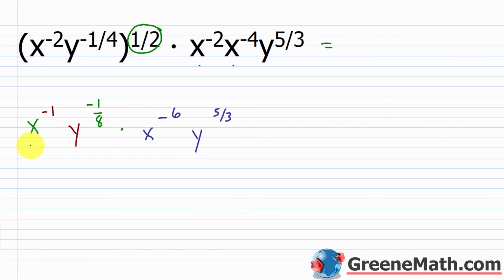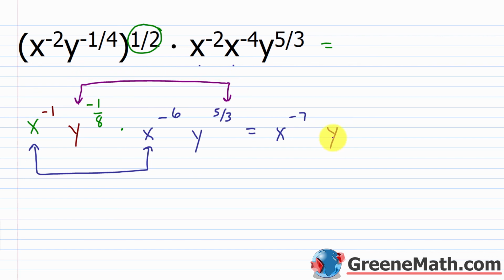So if I think about these two here, I can combine them using the product rule for exponents. I would have x to the power of -1 plus -6, which is -7. And then as far as y goes, I can combine these.